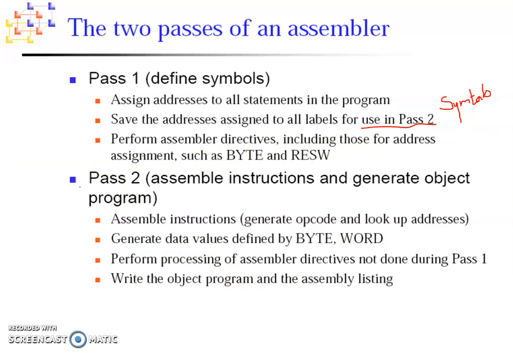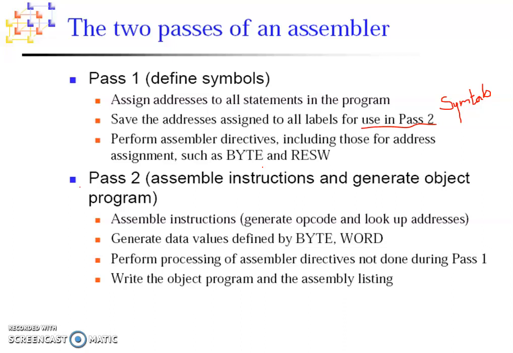And then perform assembler directives, including those for address assignments such as BYTE and RESW. So hope you are remembering the difference between BYTE and RESW. BYTE helps in reserving the address based on the string constant that needs to be assigned. And RESW helps in reserving 3 bytes.